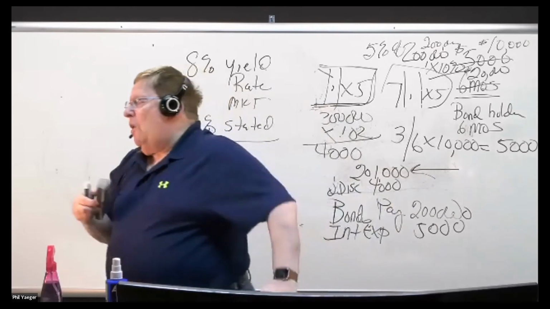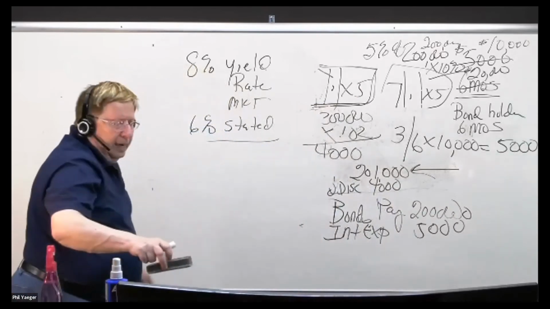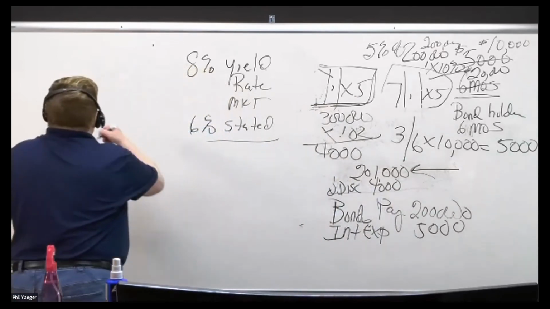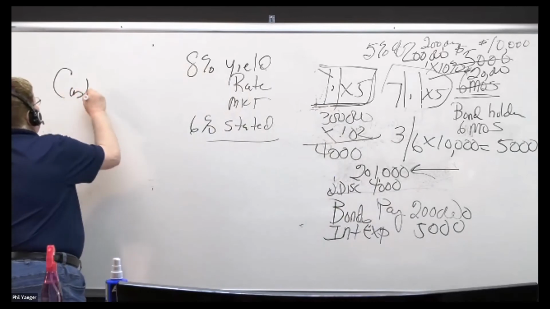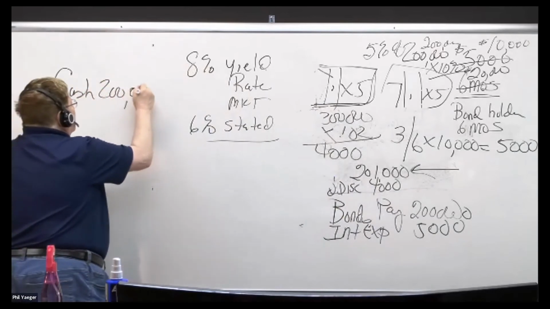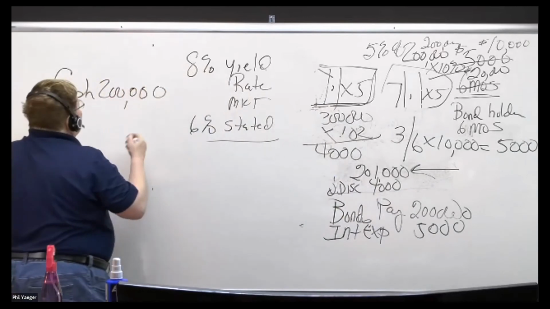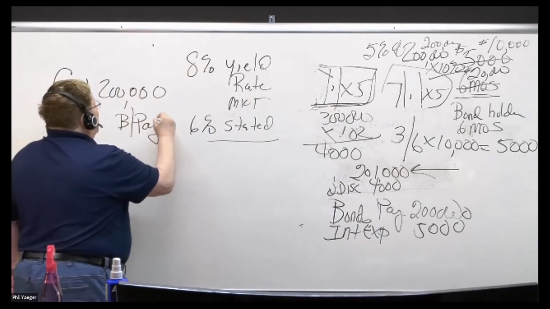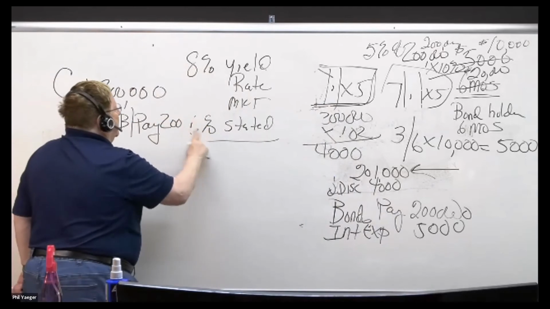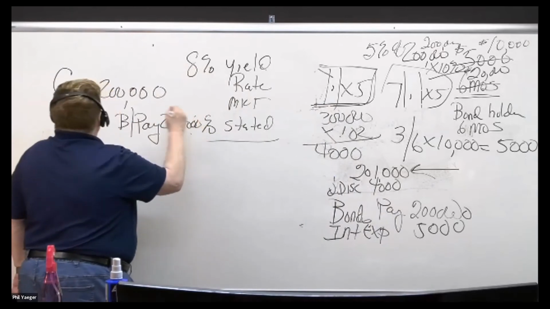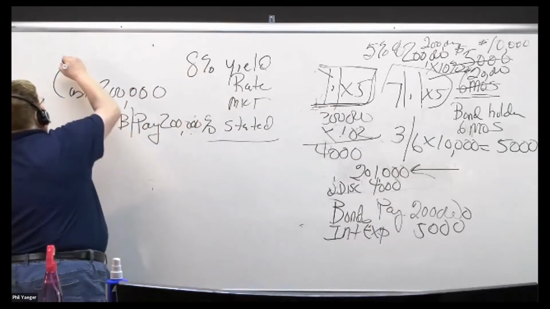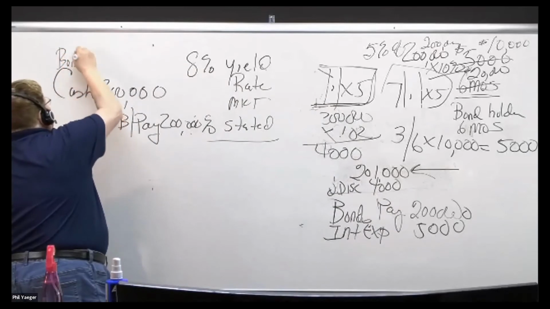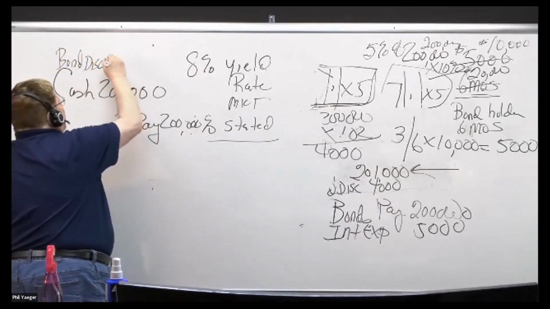Now, if you issue the bonds, let's assume you receive $200,000, and the face amount of the bonds is 200,000. I'm going to plug in a different number here in a second. And I have a bond discount here of 20,000.